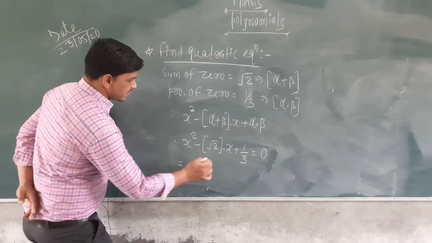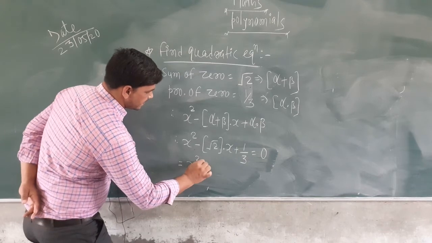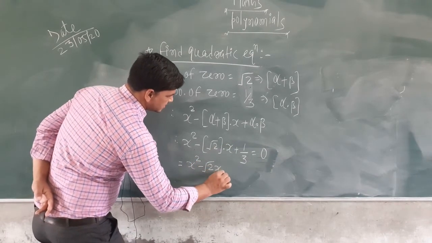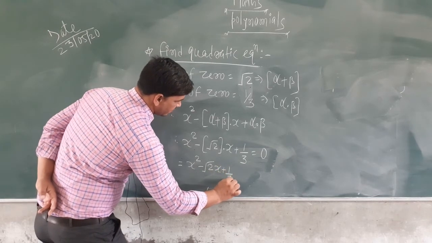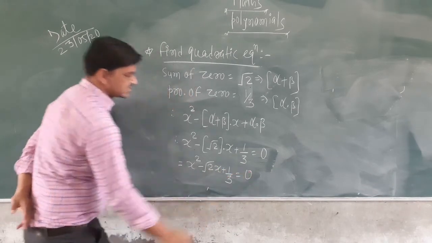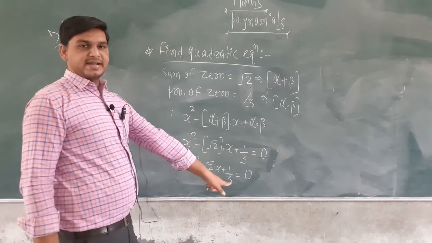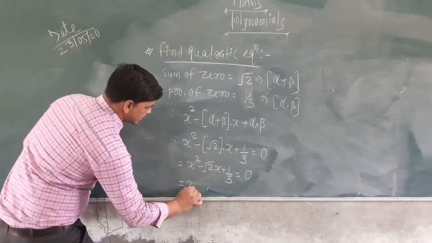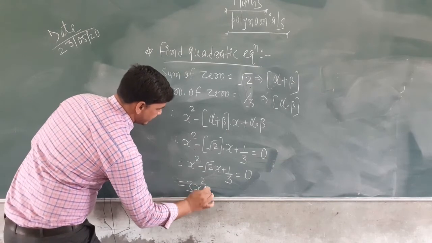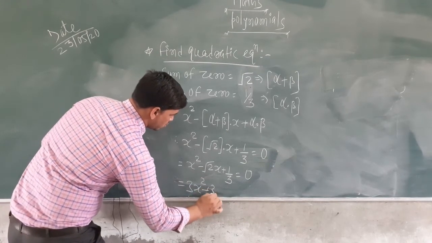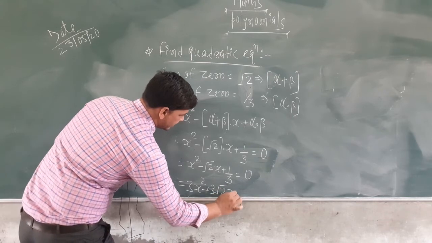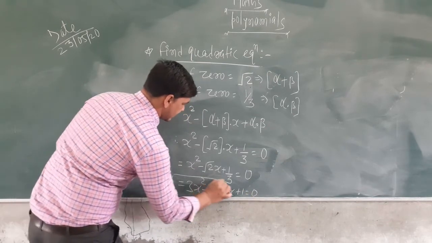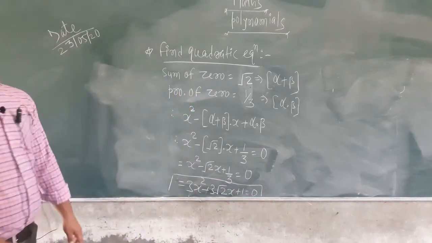So x square minus root 2x plus 1 by 3 is equal to 0. Here the denominator is 3, so we remove it by multiplication: 3x square minus 3 root 2x plus 1 is equal to 0. That is the standard quadratic equation.